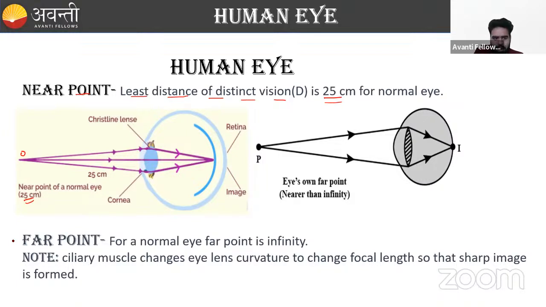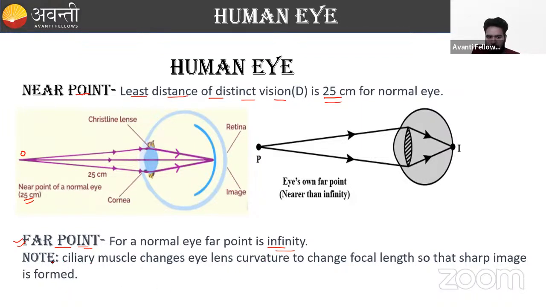Here, another point, the far point, is also defined. The far point of a normal eye is defined as infinity. It doesn't mean a finite distance; it is a relative value. When the object is far away from our eye and we can see a clear image of that object at the retina, that distance is defined as the far point, and generally this distance is taken as infinity.